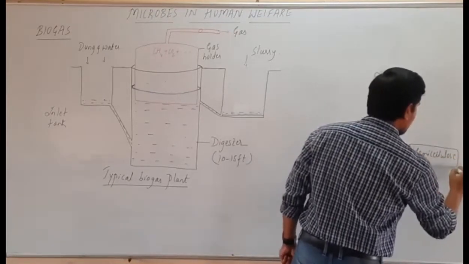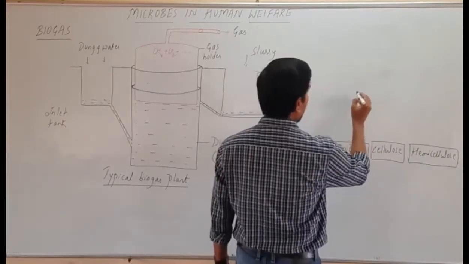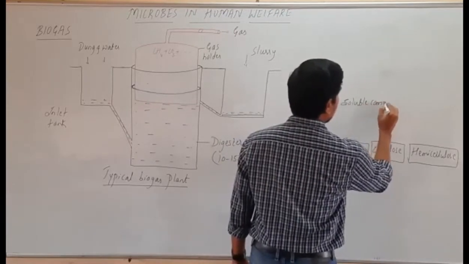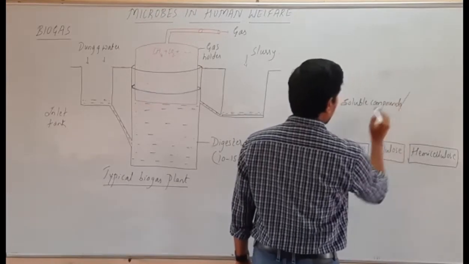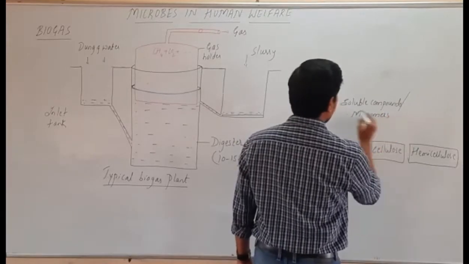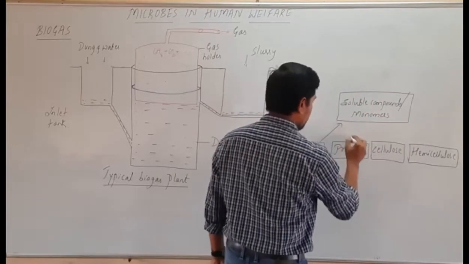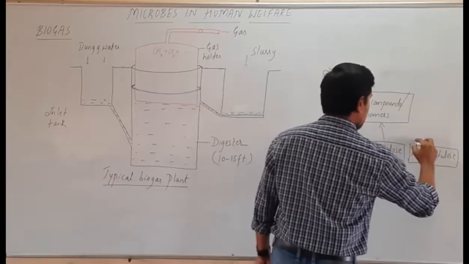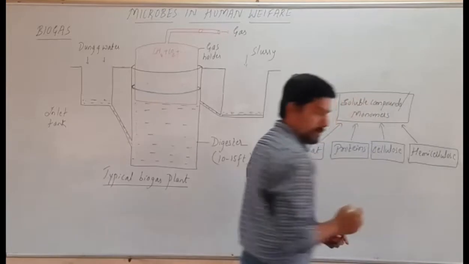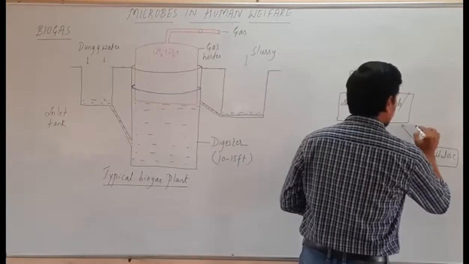These are the organic substances which are present and they are converted into soluble compounds, or call them as monomers, with the help of decomposer microbes. Here we come across the decomposer microbes.